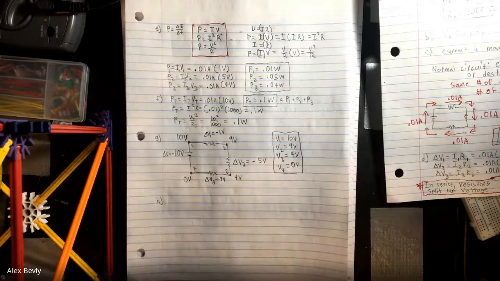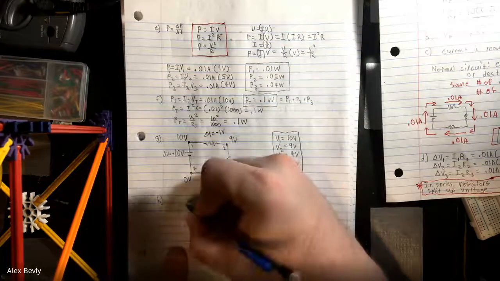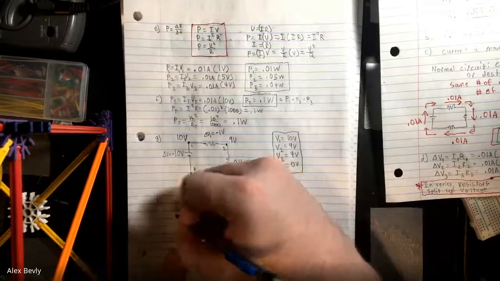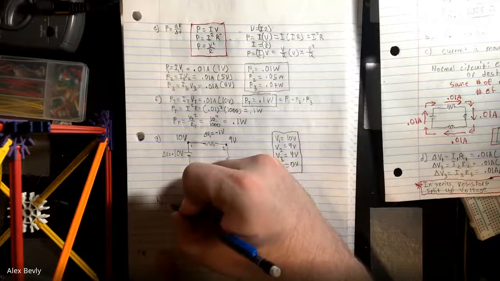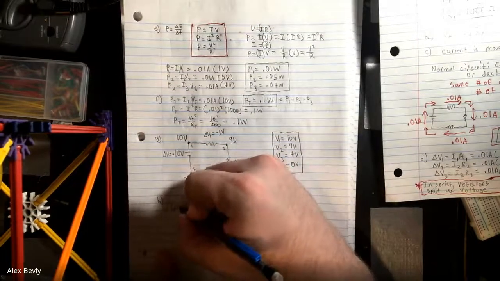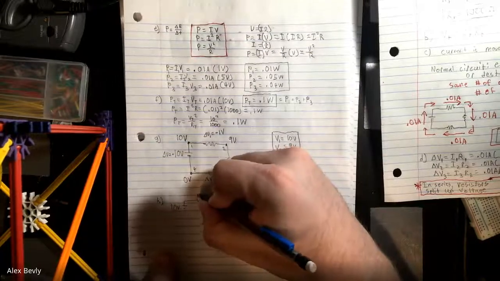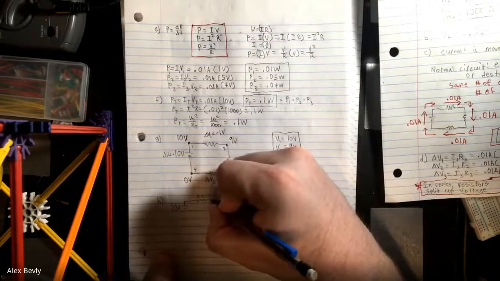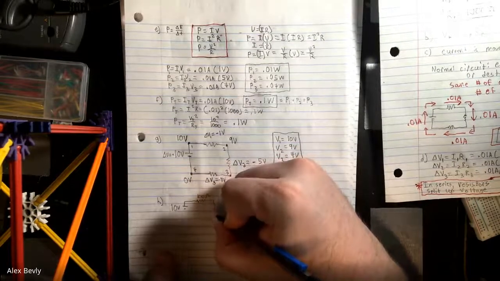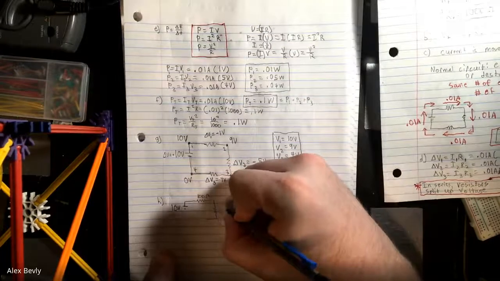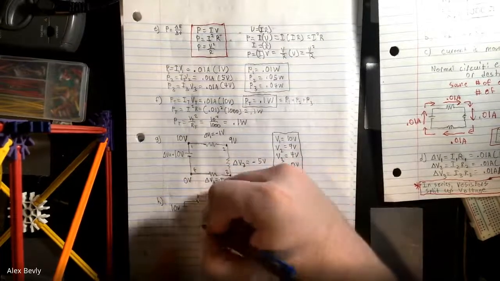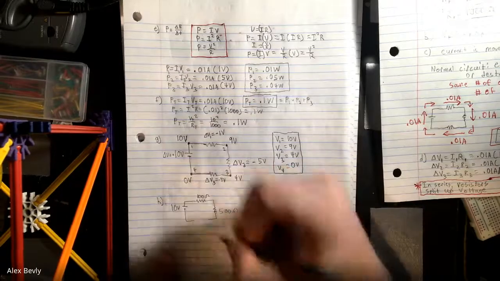All right, H, the 400 ohm resistor is removed from the circuit. So I have a 10 volt battery. This one is my 100 ohm resistor. This is my 500 ohm resistor. And then I remove my 400 ohm resistor here.